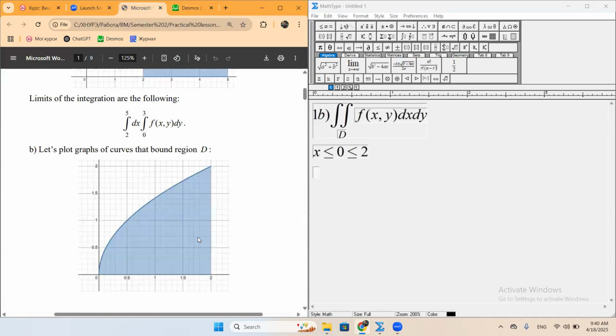I guess firstly it's a good idea to define y as an outer variable. So y will be from 0 to 2, as we see from the graph, and x will be from 1 over 2 y square to 2.